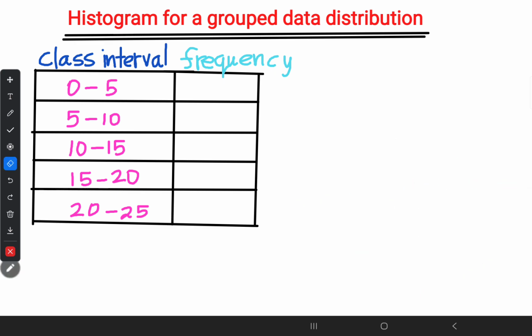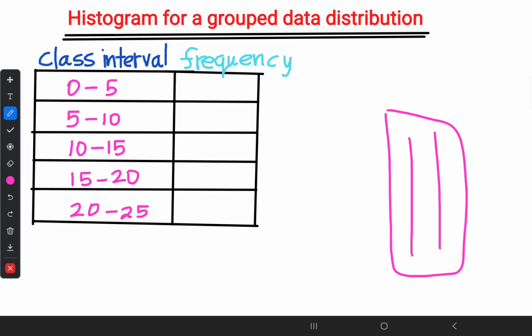In a bus, how many passengers are there in between these ranges of ages? From 0 to 5 age, how many passengers are there? And thereafter, between 5 to 10 age, how many passengers were there? Likewise, you have to analyze the data.